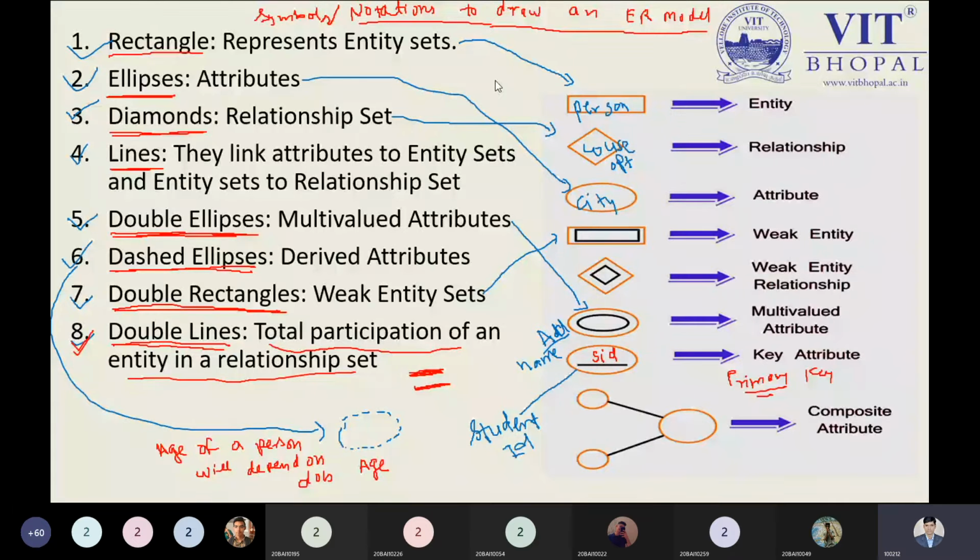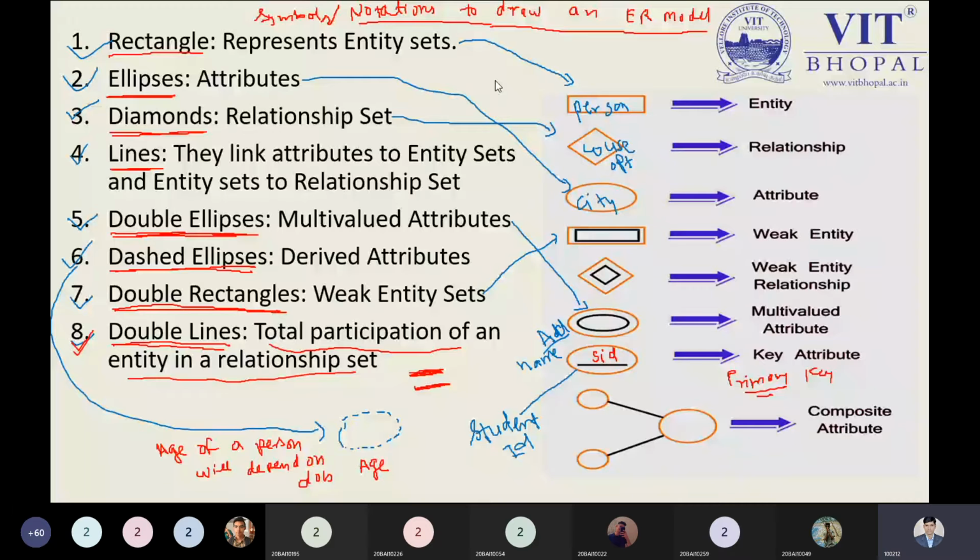So this describes that at least one instance will be part of this relation. It is like an example: I'm opening a university, but there's no student. There will be a relationship between student and university, but I'm expecting there is no student.